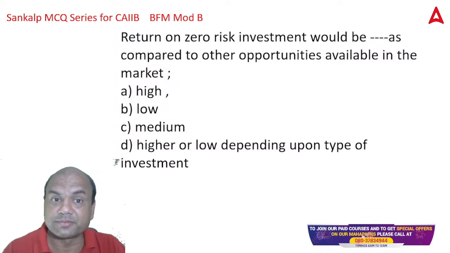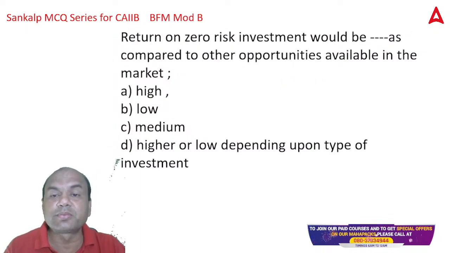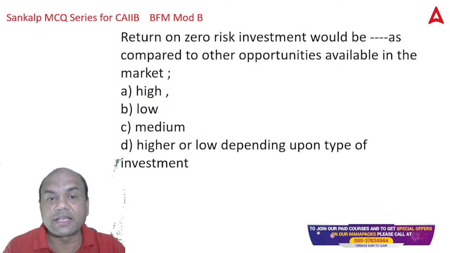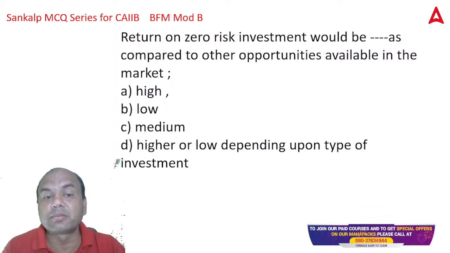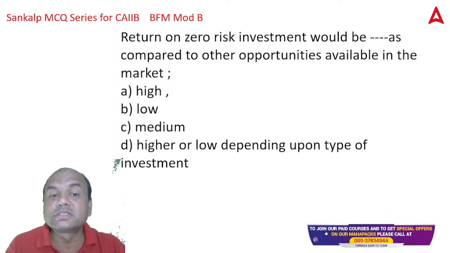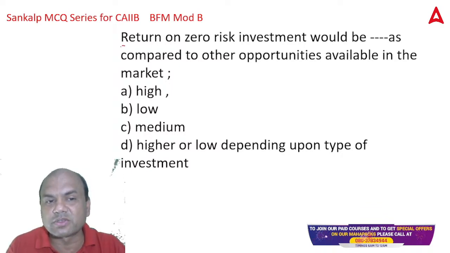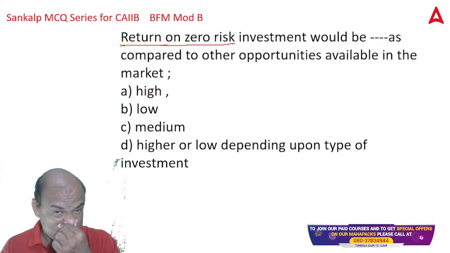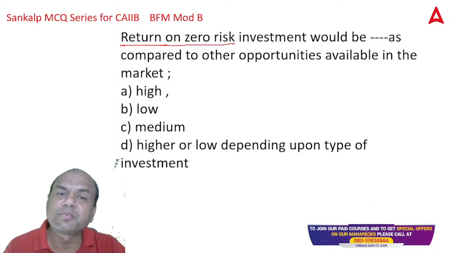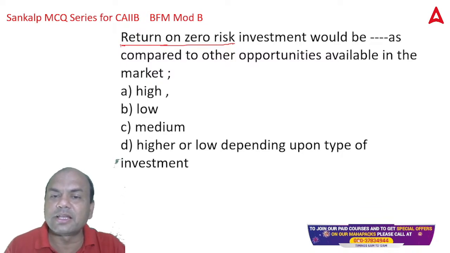Always remember this. Return on zero investment would be dash as compared to the opportunities available in the market. So return on zero risk investment. So zero risk means what? What do you mean by zero risk? Suppose I give you two options. Suppose I keep the money in a nationalized bank FD, let's say SBI FD, okay.